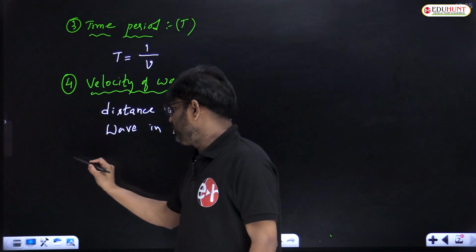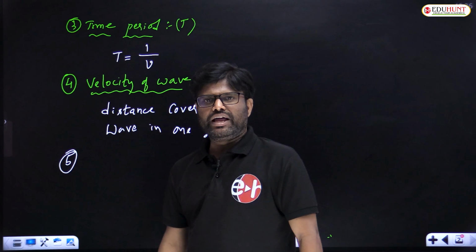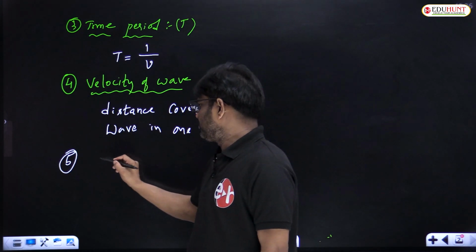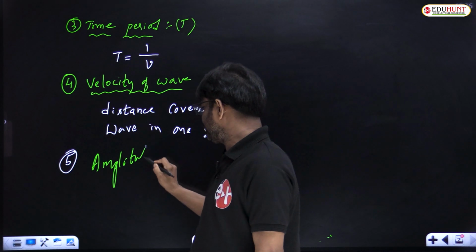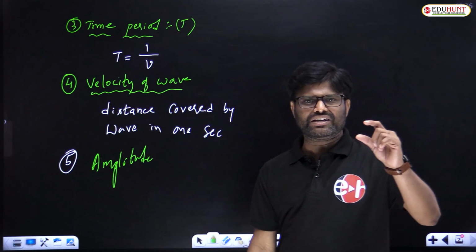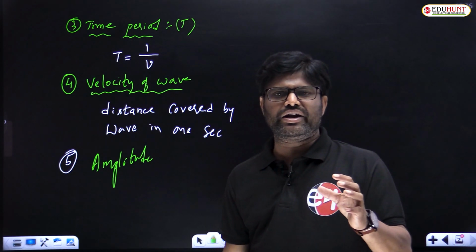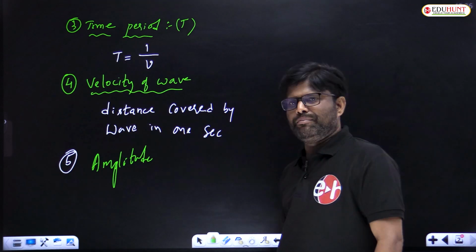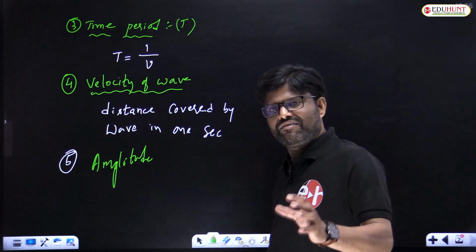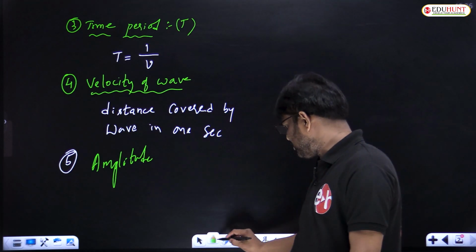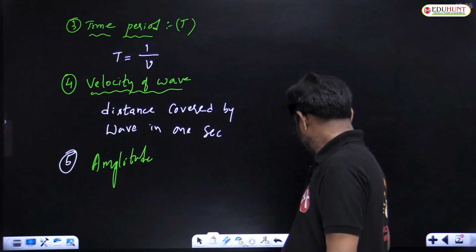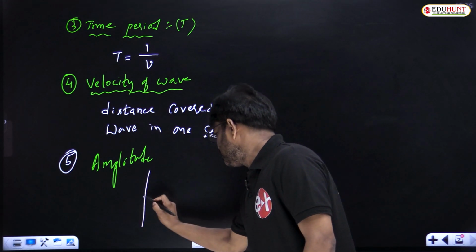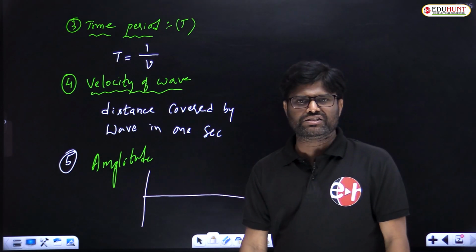Next one is amplitude. Height of the crest or depth of the trough is called amplitude. Suppose light travels in the form of a wave.